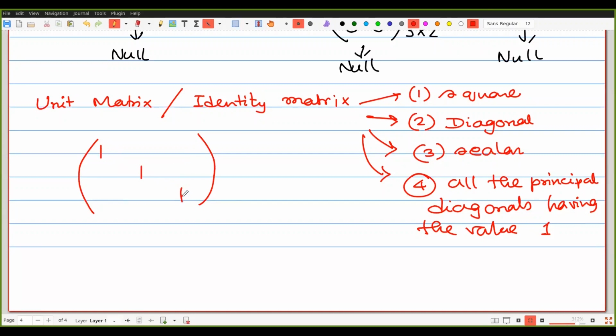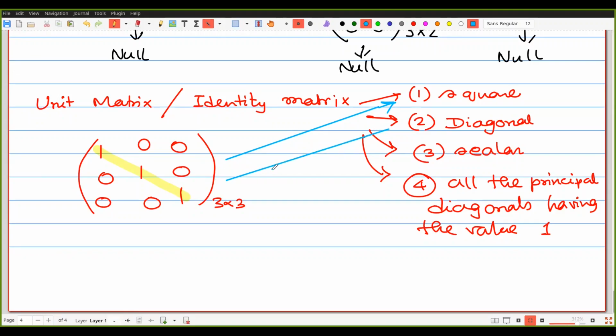So look at the thing here. 1 1 1 0 0 0 0 0 0. The very first one is 3 cross 3, so that one must be a square matrix. Second, only the principal diagonals have values, all the off diagonals are equal to 0, so it is a diagonal matrix.